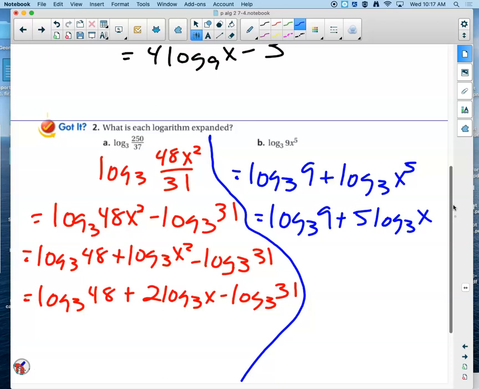Done. Good. You stop and check the number and you say, wait a second, if I snail shell this, I think I know this one. 3 to the something is 9. Hey, that's 2. Now do we have it all? Nothing else we can do with the x over there, the variables.